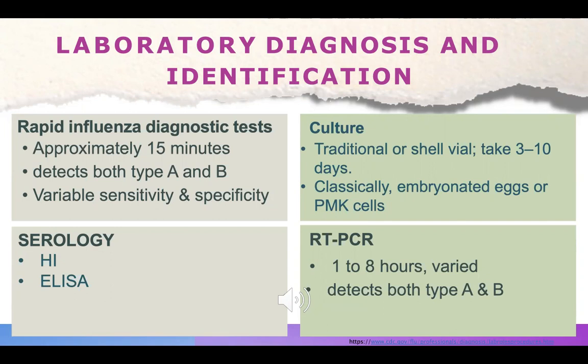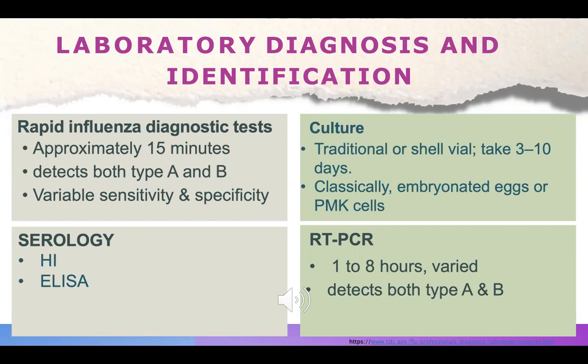Of course, you can do viral culture, either traditional or the shell vial. In the shell vial, we make use of a very special type of cover slip that we insert into a tube. Or you can go with the traditional method using plates.